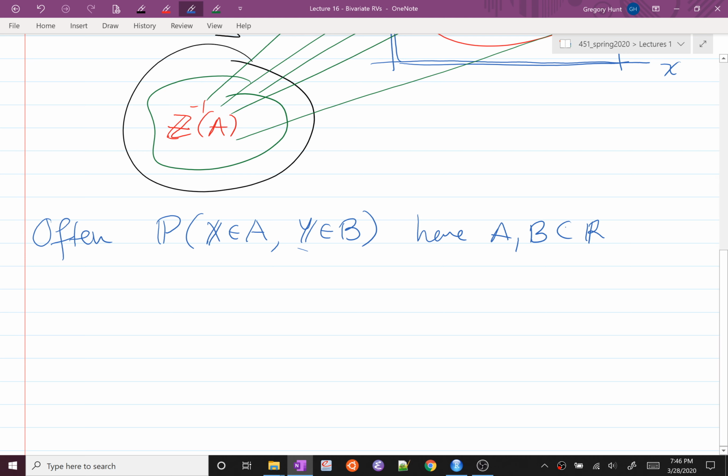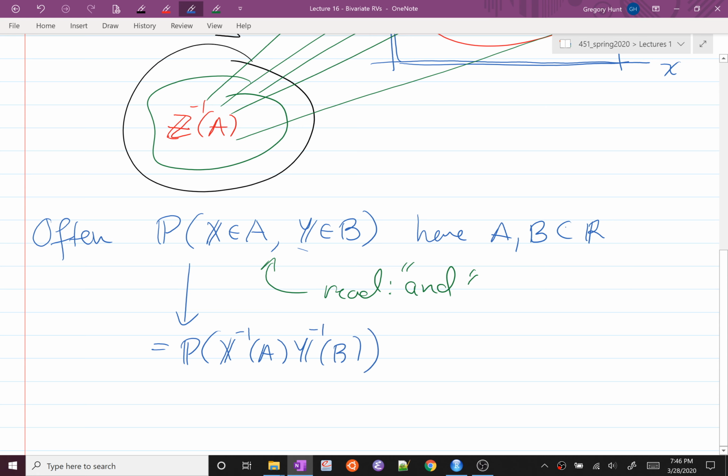This comma here is read as and. Mathematically, this is the probability of x inverse A intersect y inverse B. Typically, we don't have to work with this level of granularity, but it's good to know precisely how to define these things mathematically.